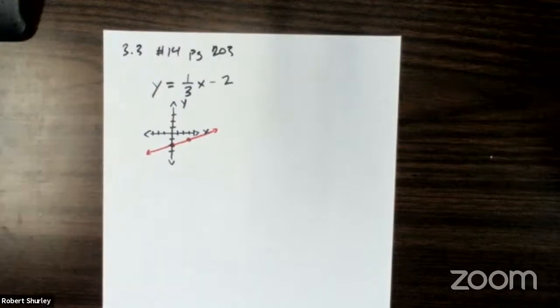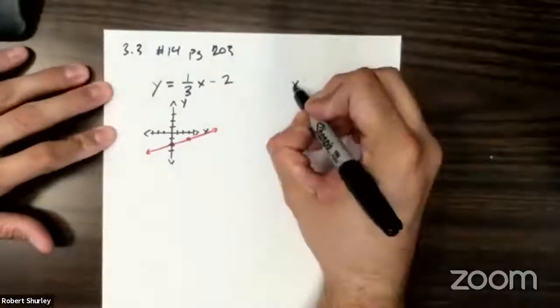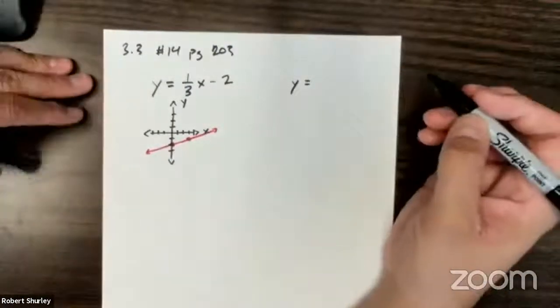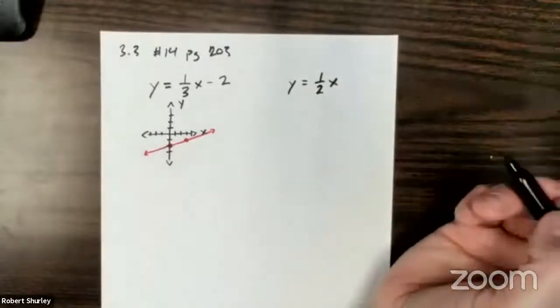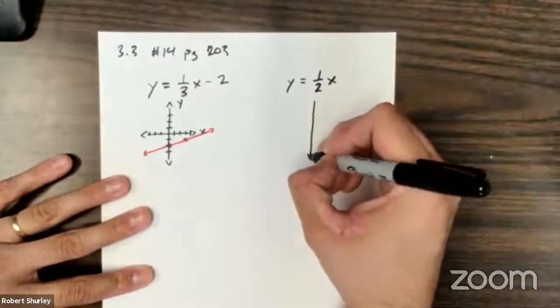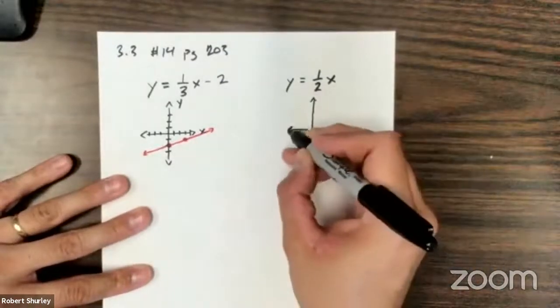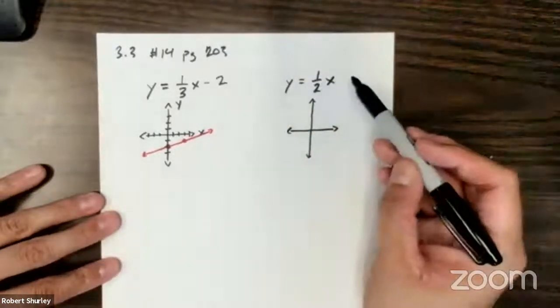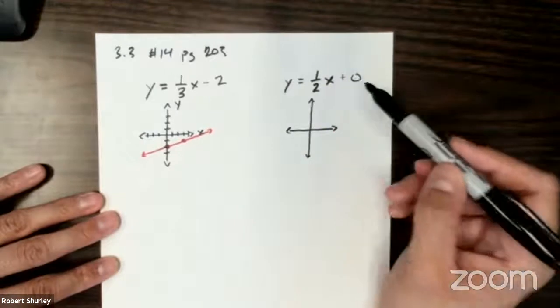And this was a comment I remember you guys asking me on that day that we went over this section. What if we had something like y equals 1/2 x? Now remember, I'm just going to work this one out. It doesn't look like we have a y-intercept, but we do, right? The y-intercept is just 0. So if it's not written, it means it's just 0.